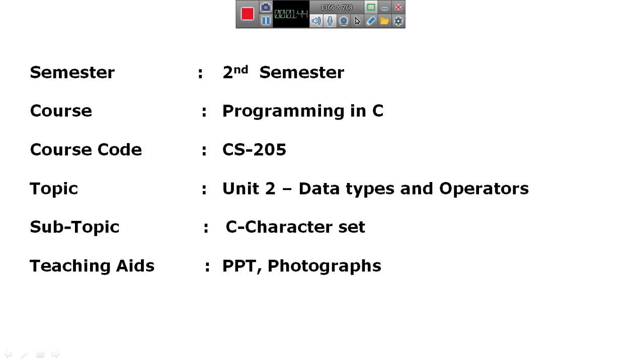The first chapter, that is problem solving steps.